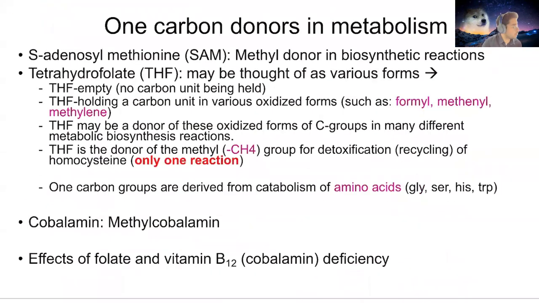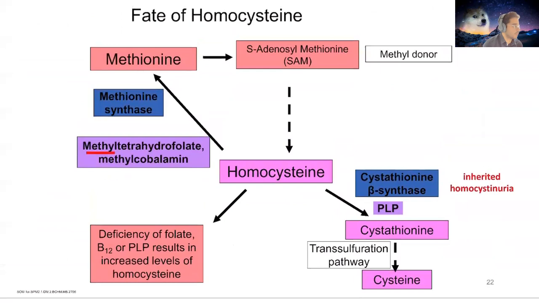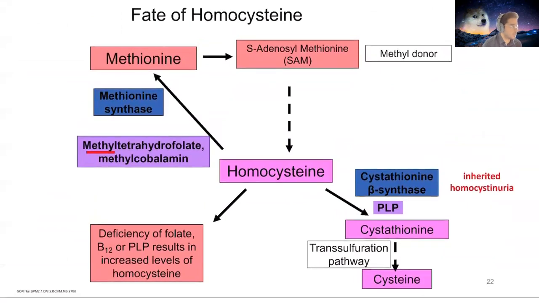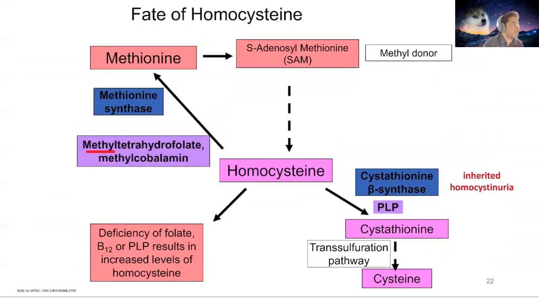Moving right along. Okay, yes. So as always, one carbon donation, you need cobalamin, right? And kind of a combination treatment of folate and vitamin B12 typically helps with some of this. But as always, it's not a good kind of diagnosis. Fate of homocysteine, keep in mind, homocysteine is one of the minor side pathways.